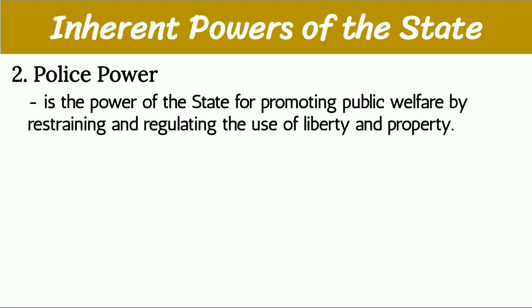In other words, ito yung power ng state na gumawa ng batas. Of course, for the promotion of public welfare or to protect the well-being of the people. That is police power. So, ang main objective ng police power is promotion of public welfare.